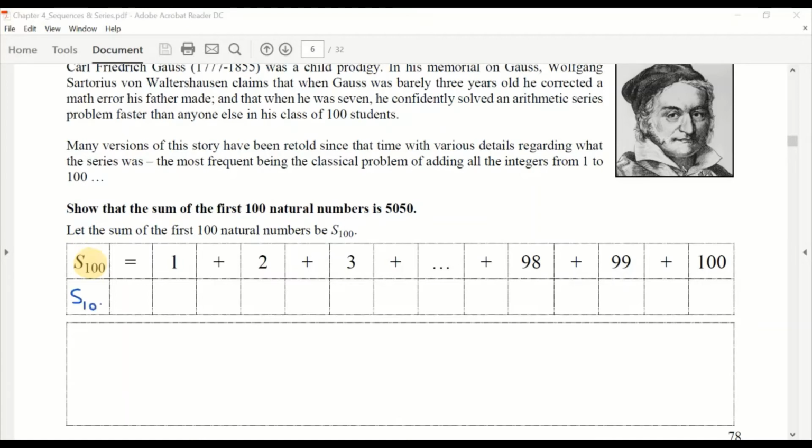So I'm going to write the sum again, but I'm going to write all of the terms backwards. So I'm going to start with 100, and then we're going to add each number, decreasing by 1 each time. So you can fill this in as well.